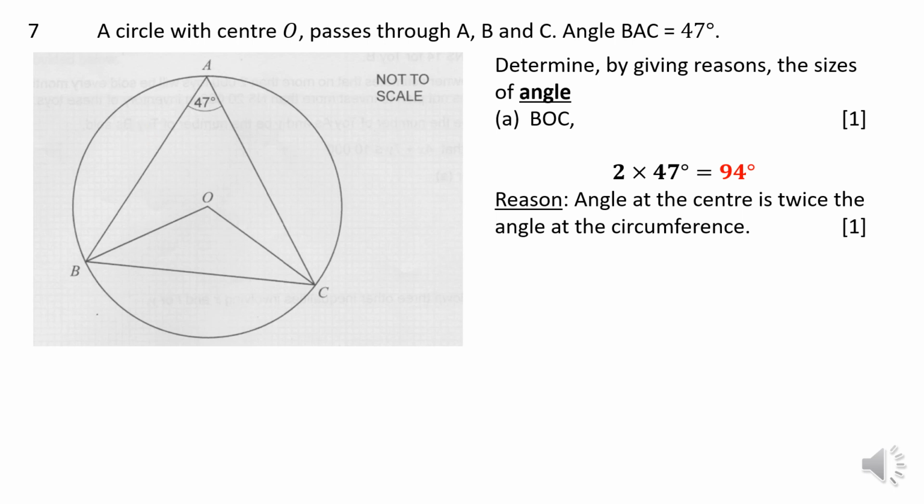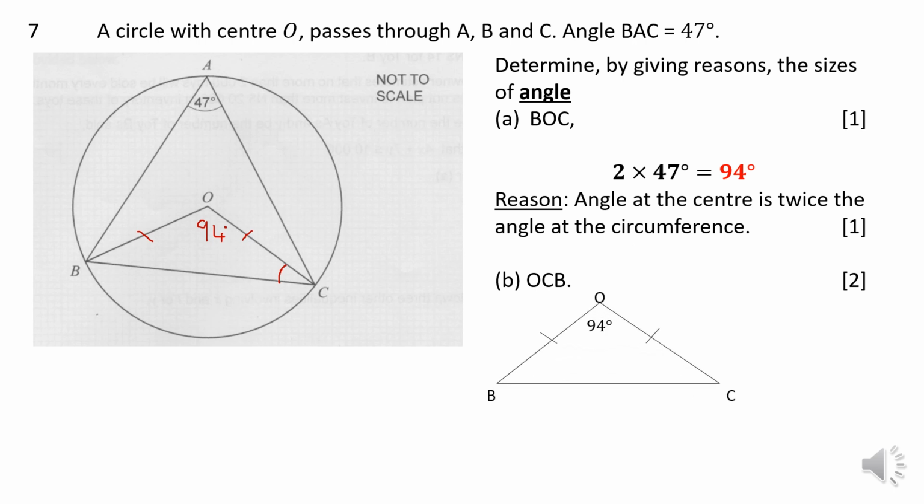The next one that we had to find with reason, obviously, was angle OCB. Now, remember OCB. So we're talking about this particular angle here. Now, since this is an isosceles triangle, and we know that this is 94 degrees here, it should not be that difficult for you to find the angle.